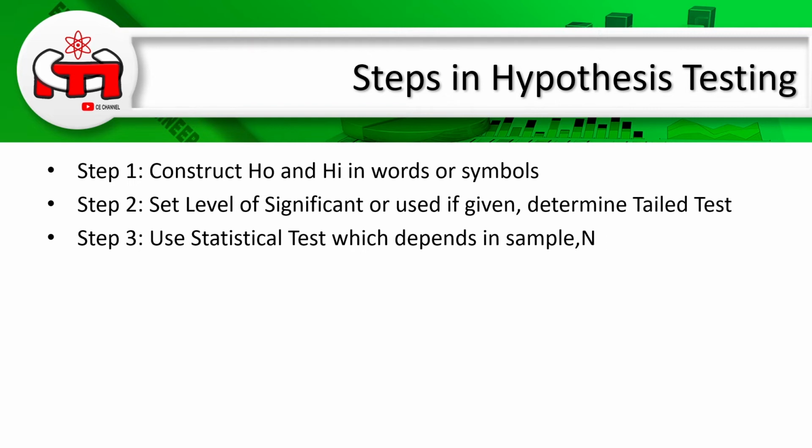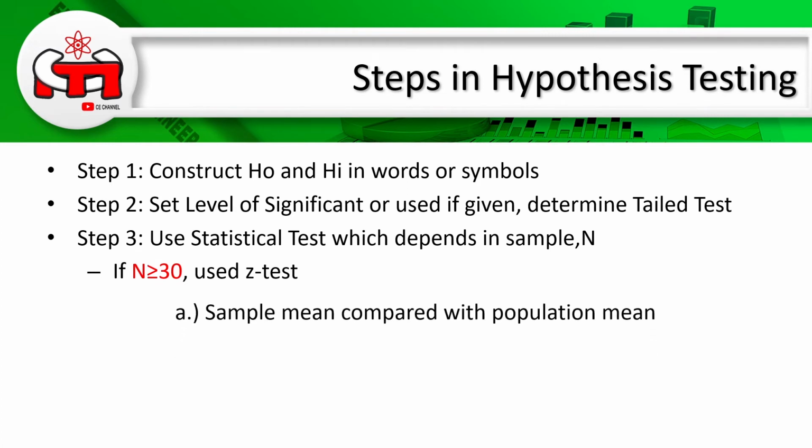We have two types of test, the z-test and t-test. So how would we know when to use each test? The answer is based on the sample size, denoted by letter n. If the sample size, n, is equal to or greater than 30, use the z-test. The z-test is categorized into two cases: sample mean compared with population mean, and comparing two sample means.